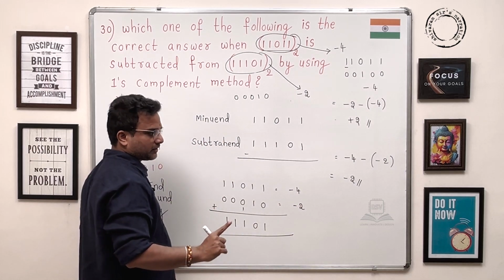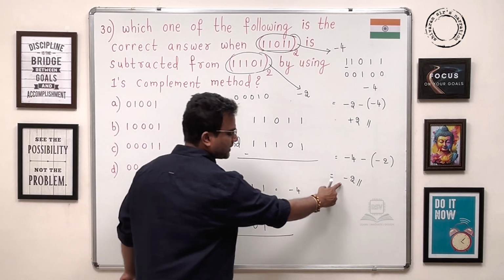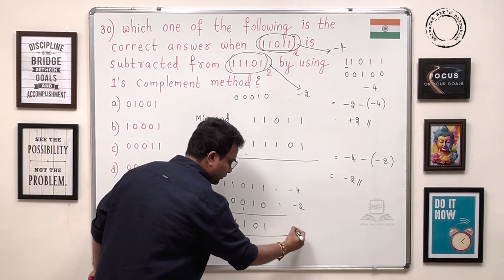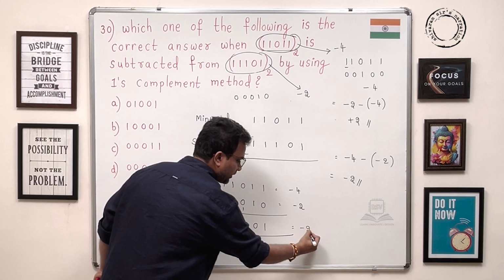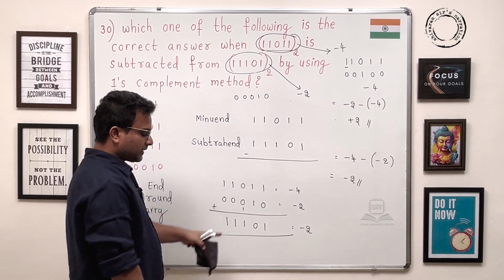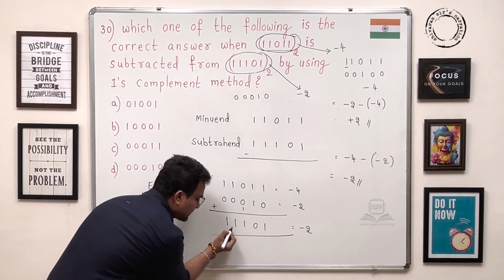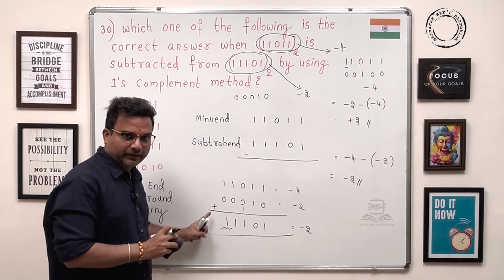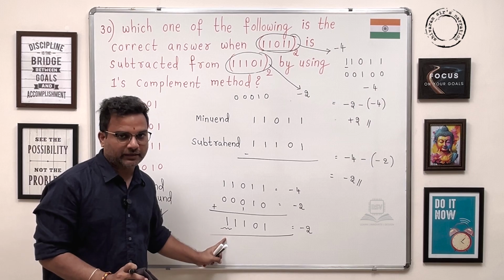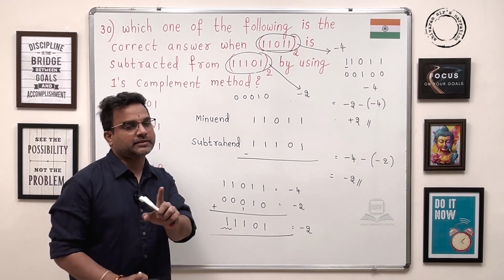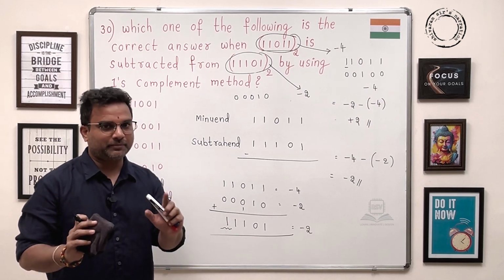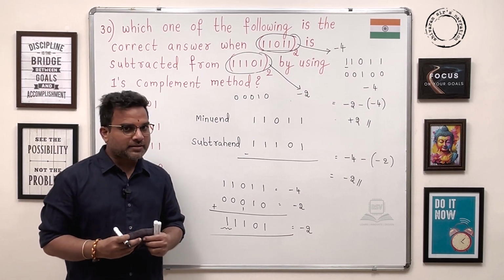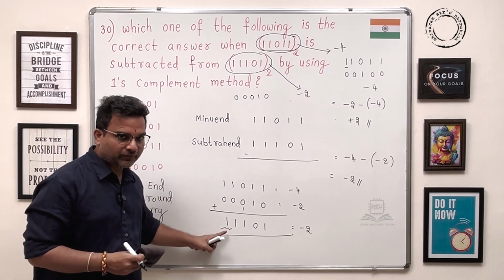Now for this, let's consider the answer. You should get minus 2 only, na? Yes. For this minus 2, MSB is 1. Wherever you don't get the end around carry, let's consider it's a negative number. And you want the answer, right? This is not the final answer.